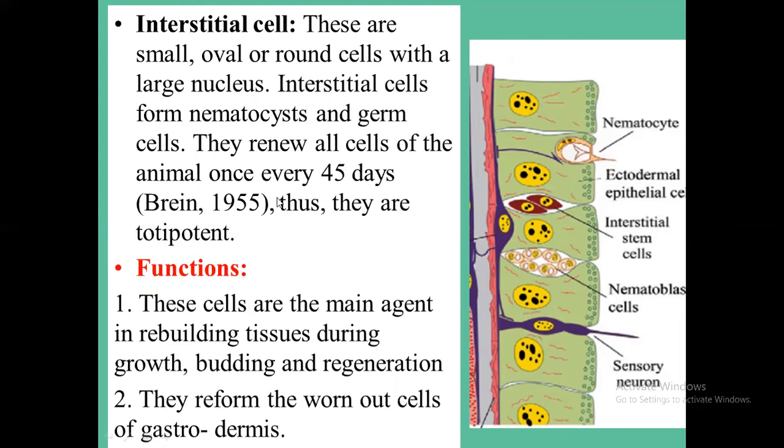So interstitial cells are called totipotent because they can convert into other cells after 45 days. Functions: these cells are the main agent in rebuilding tissues during growth, budding, and regeneration. They reform the worn out cells of gastrodermis.